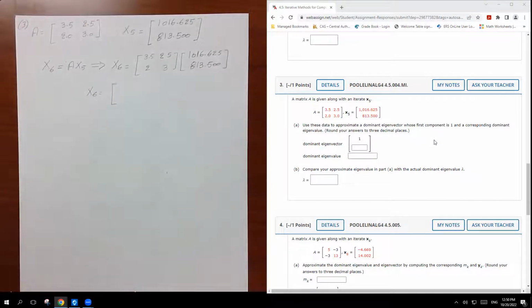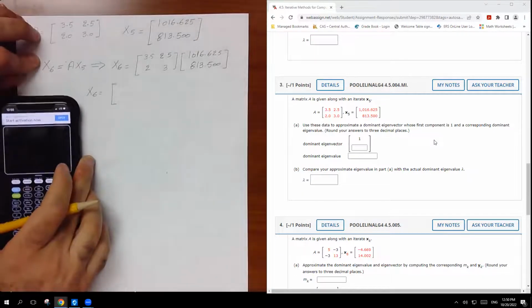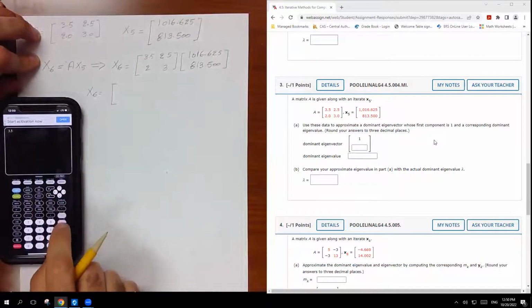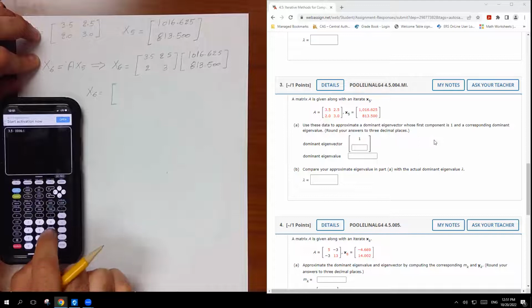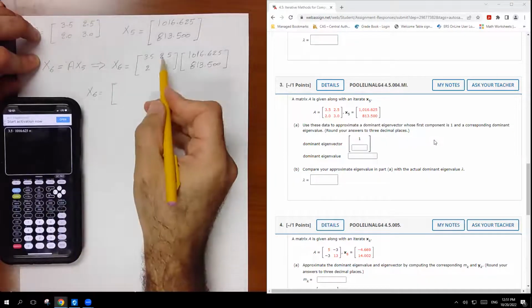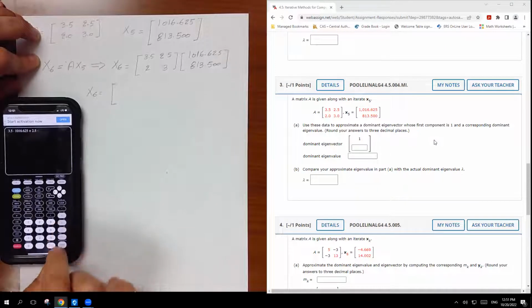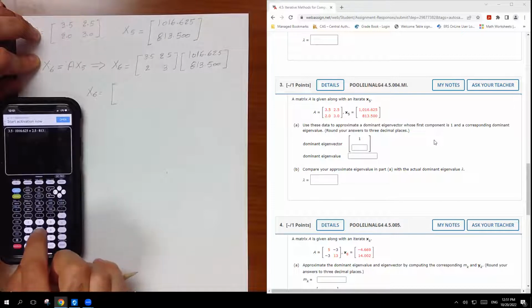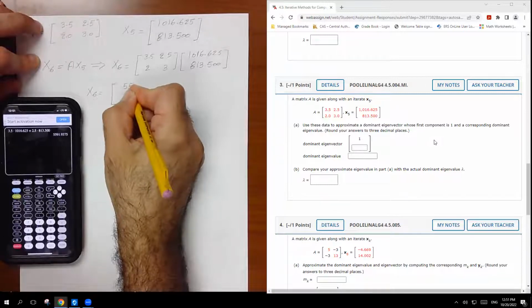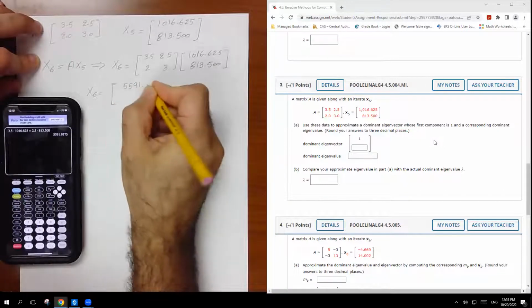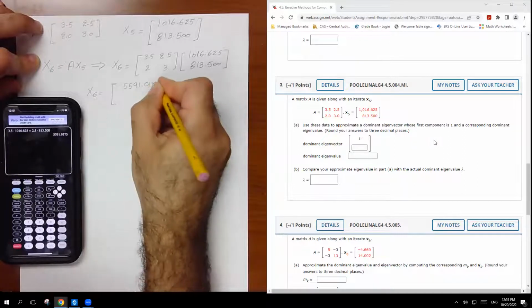So I'm going to multiply 3 times 3.5 times 1016.625 plus 2.5 times 813.500, which is going to be 5591.9375.